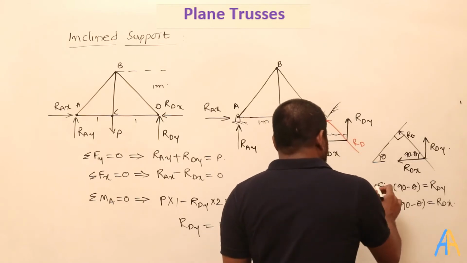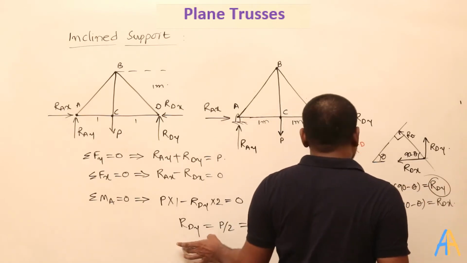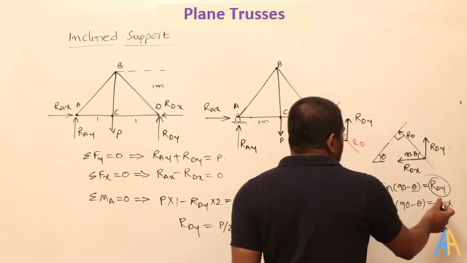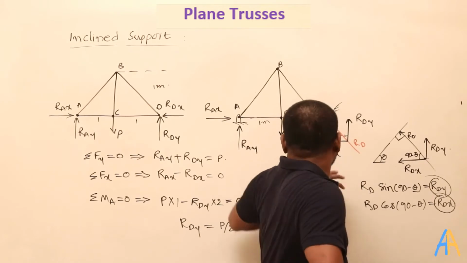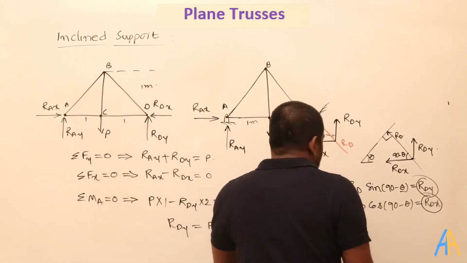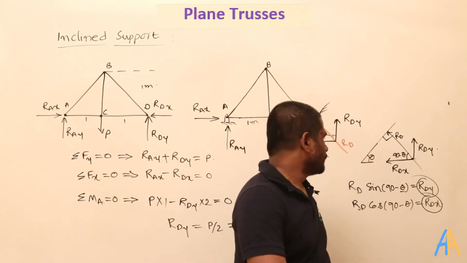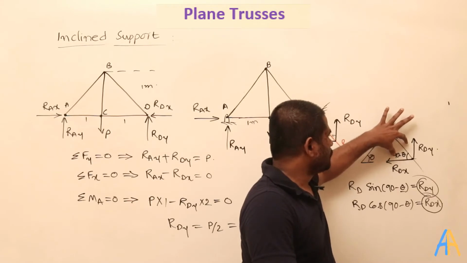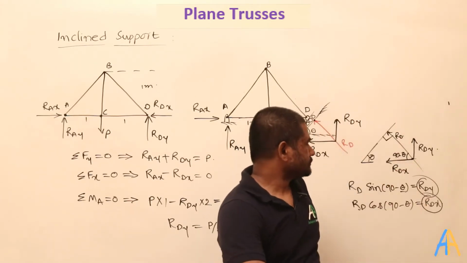Understood? And here you know the RDY value and you know the theta value. From this you can now find out the RDX. Instead of going for the moment equation either at D or B, from which you will not get any useful information, we will find the other component of RD from here.